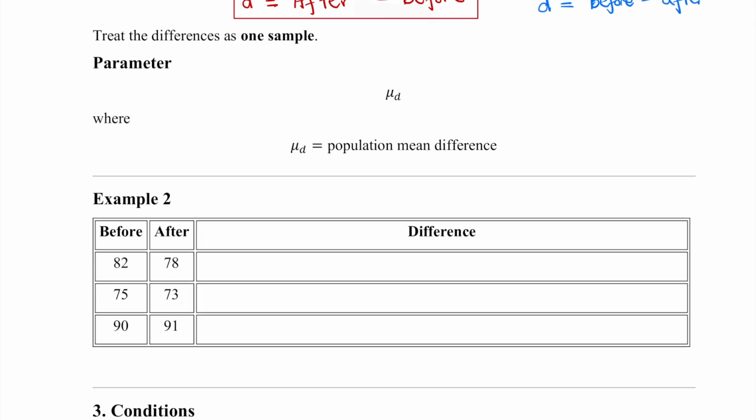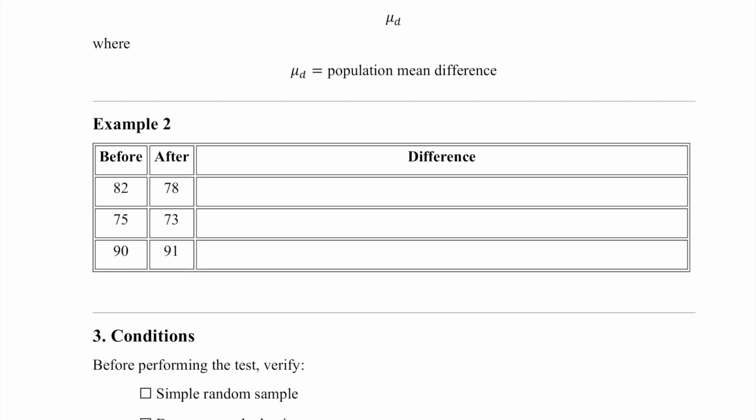Now, let's continue on example 2. We have a table listing the before and after values, and we want to find the difference. Since we are using after minus before, we'll subtract the before value from the after value. For the first pair, I take 78 minus 82, which equals -4.